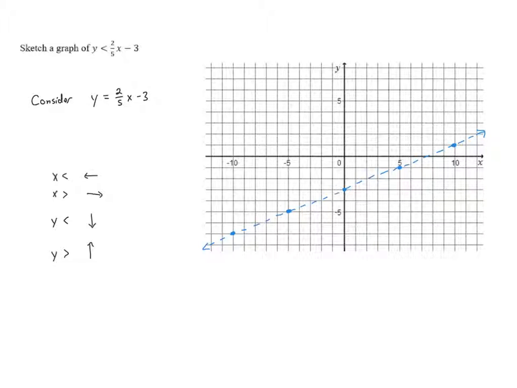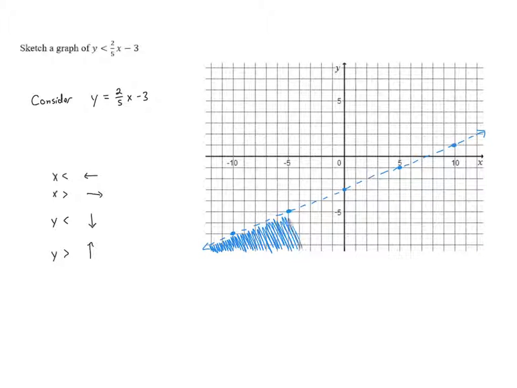Now I want to bring this back to the problem that we're looking at. The inequality that we're given is y is less than 2/5 x minus 3. And we know that when y is less than something, we want smaller values of y, which means we're shading below. And so I am going to suggest that all of the points below this line that we've drawn are solutions to this inequality.